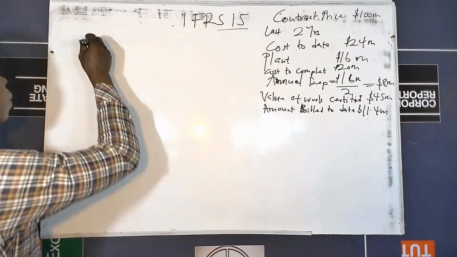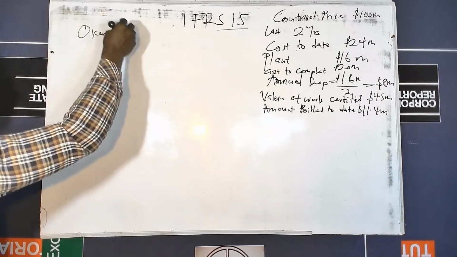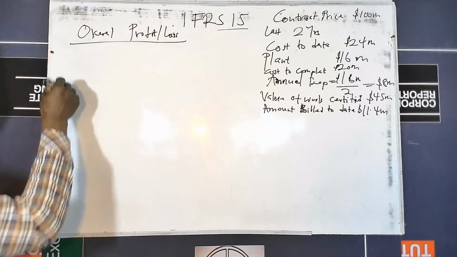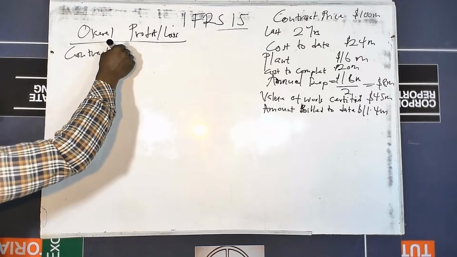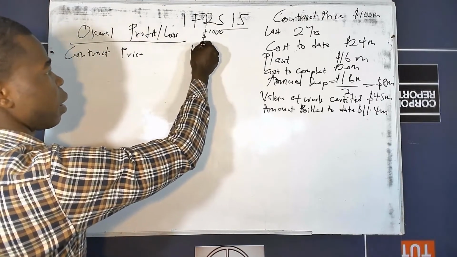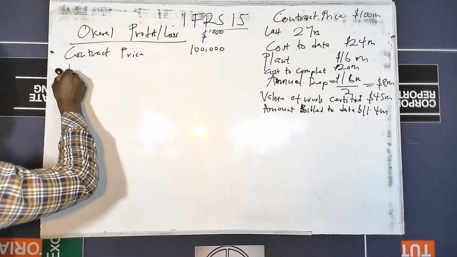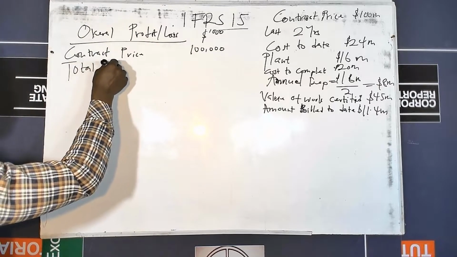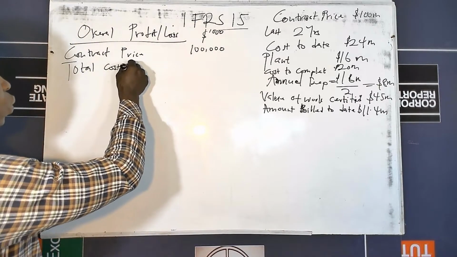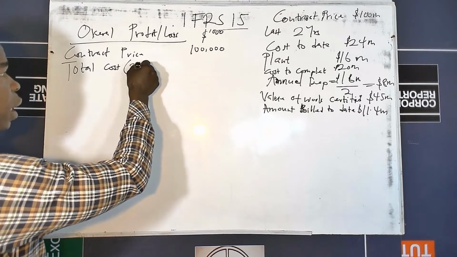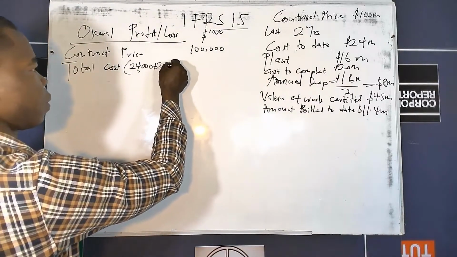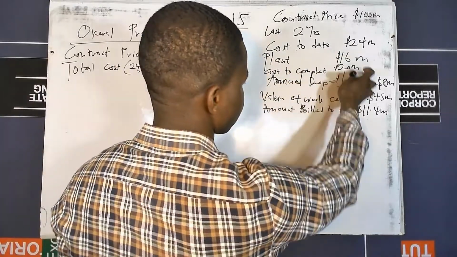All right. So first things first, what will be our overall profit or loss? Our overall profit or loss is going to be the contract price, which is 100,000, less our total cost. Instead of doing cost to date and cost to complete separately, we can just add the two. Our cost to date was 24,000, plus the cost to complete of 20,000, plus the asset that we have acquired, the plant, which is also a cost to us.